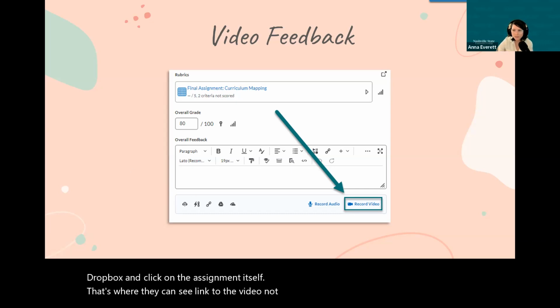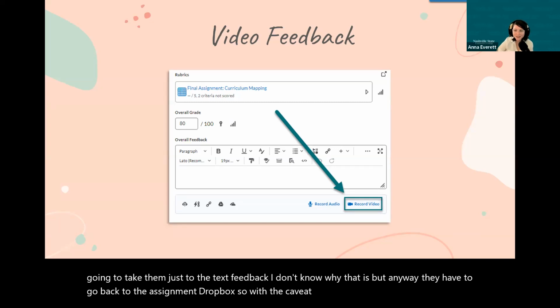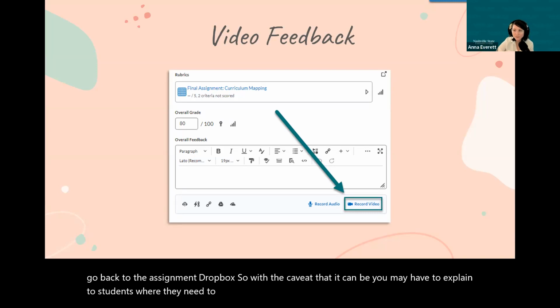I don't know why that is, but they have to go back to the assignment Dropbox. So you may have to explain to students where they need to go to find their actual feedback. That is one disadvantage of the video feedback in D2L.